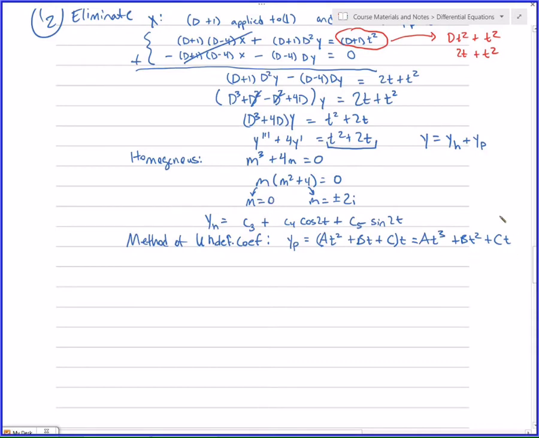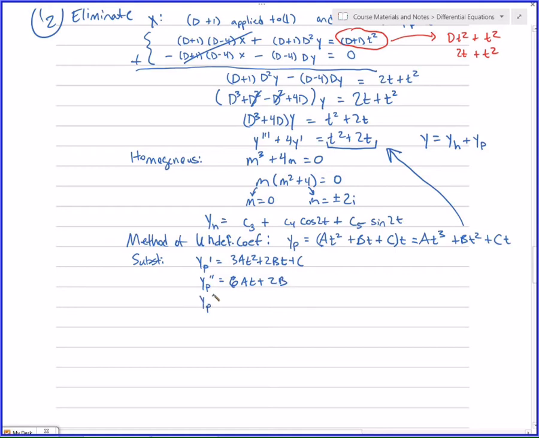So now we got to take this yp and plug it into this equation right there. Okay? So we need yp prime, which is 3at squared plus 2bt plus c. We need yp double prime, which is 6at plus 2b.